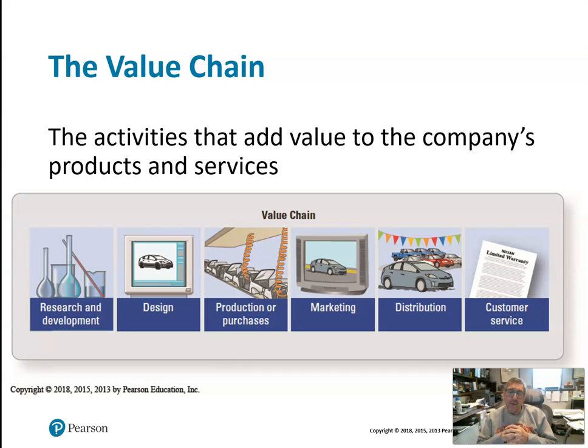The next item on the value chain is marketing. Now, marketing, while it's listed sequentially after production, really begins at the same time that production begins. If you're a company that's making a product, the last thing you want to do is spend all of the effort and money to create a product and then have that product sit on a shelf while your salespeople go out and try to find buyers, right?